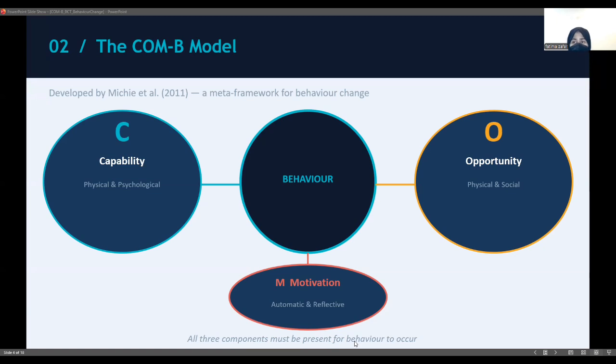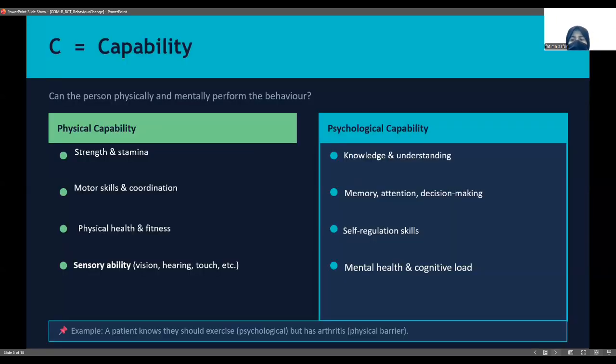And for behavior to occur, we break the COM-B model down into these concepts. First of all, there is capability. What does it mean? Can the person physically and mentally perform the behavior? Physical capability means strength and stamina, motor skills and coordination, physical health and fitness, sensory ability, that is vision, hearing, touch, and so on.